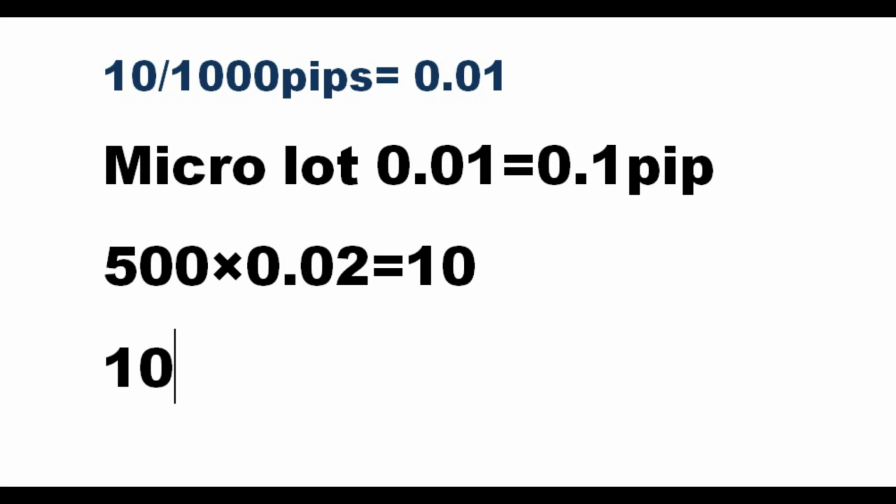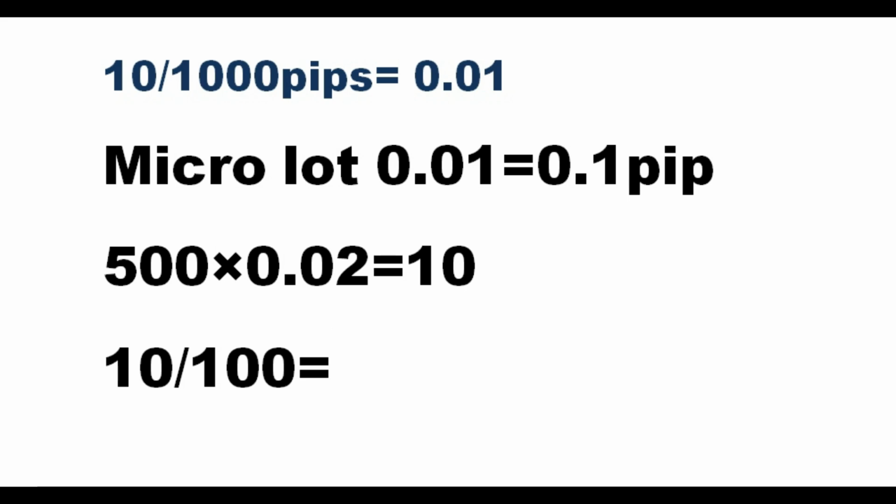That means you're going to divide the $10, the risk per trade, by 100 pips. Here you are calculating the pip value, which gives you the right lot size to use.